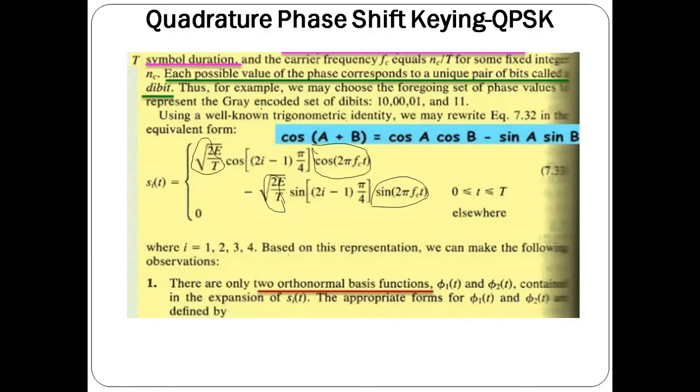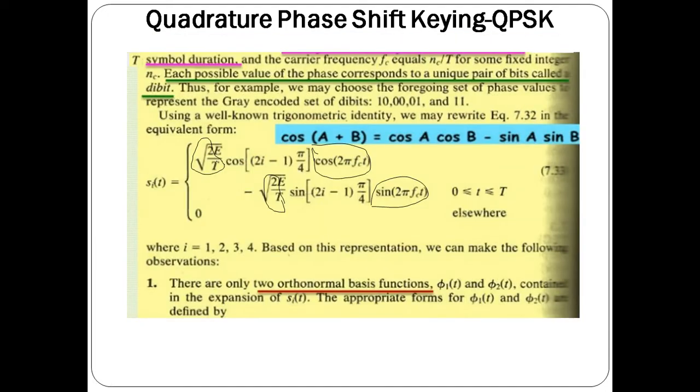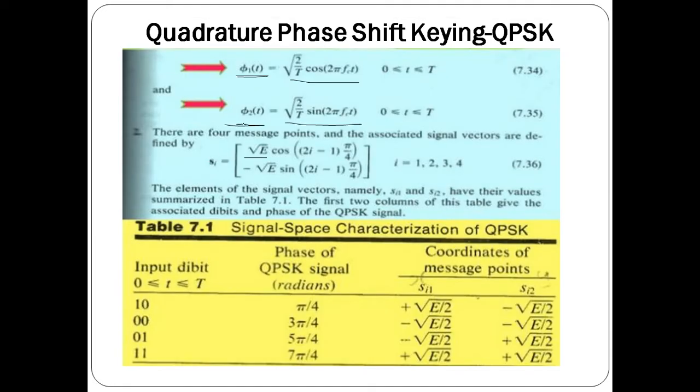So how can we represent this s_i of t? The signal is the coefficient cos((2i minus 1) pi by 4) multiplying phi 1 of t. If I multiply phi 1 of t by this, the remaining coefficient is root E cos((2i minus 1) pi by 4), which takes the values pi by 4, 3 pi by 4, 5 pi by 4, 7 pi by 4.